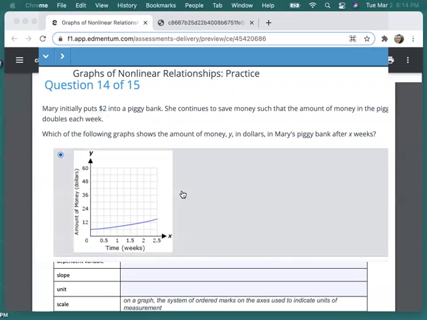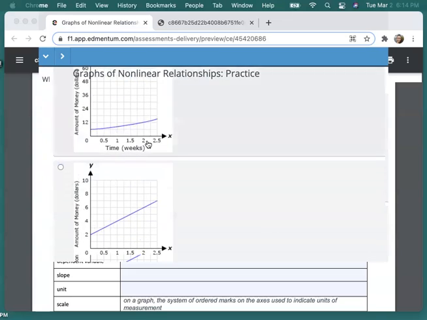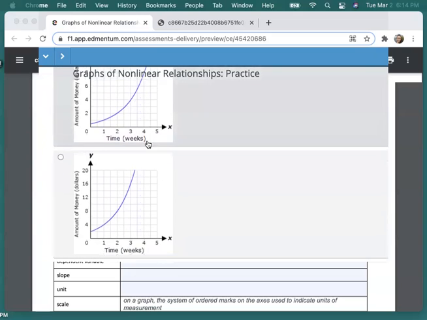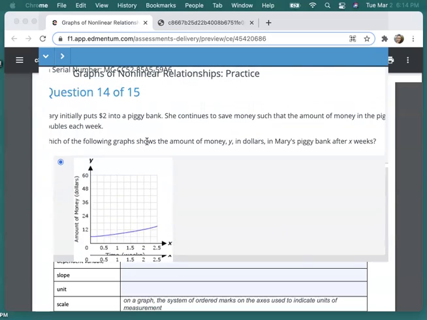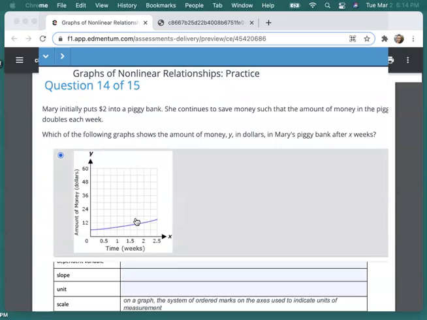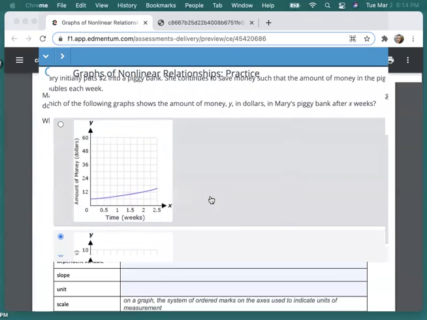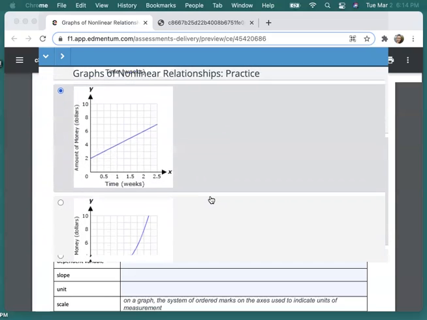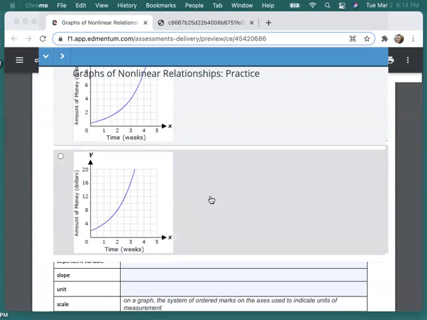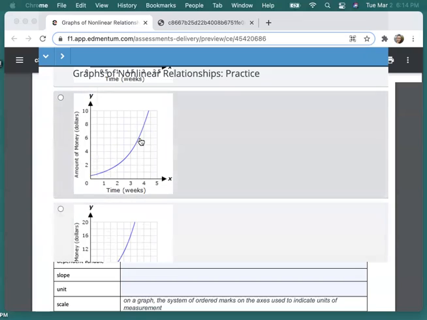So which one is going to be a good representation of this? Well, the time in weeks should be like 1, 2, 3, 4 on the bottom. So one of these two.